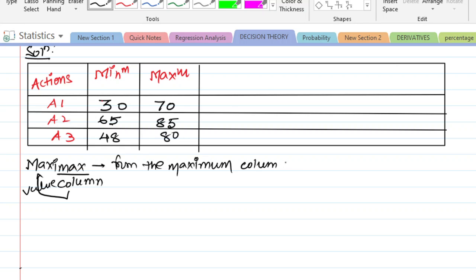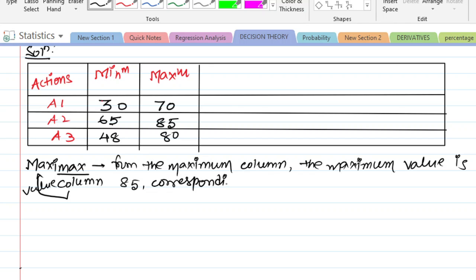From the maximum column, what is the maximum value? It is 85. And this 85 corresponds to which act? A2. Hence the best act is A2. It's so simple.